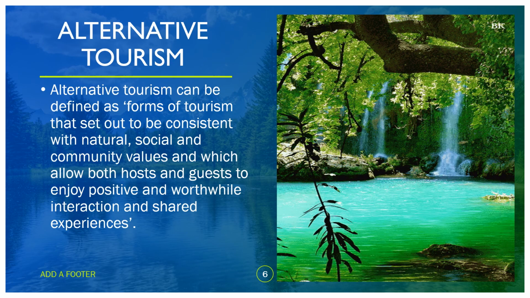Alternative tourism is the opposite of mass tourism. It can be defined as the forms of tourism that set out to be consistent with natural, social, and community values, and which allow both the host and guest to enjoy positive and worthwhile interaction and shared experiences.